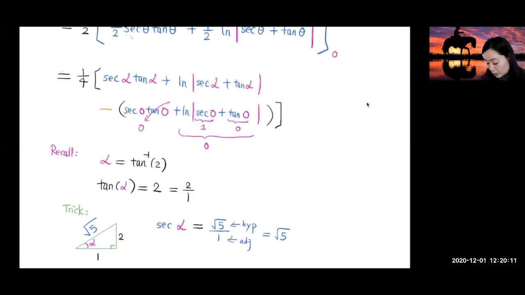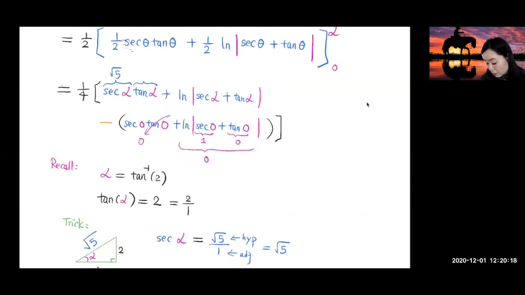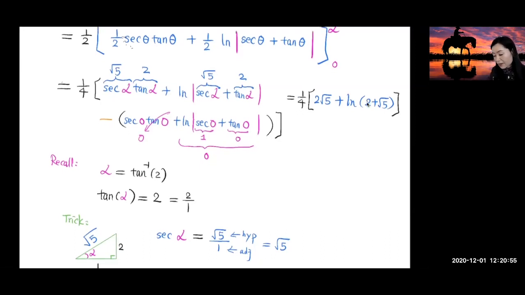Secant alpha is square root of 5 and tangent alpha is 2. So finally, that is equal to 1/4 times 2 square root of 5 plus ln of. The absolute value is not necessary here because we're taking ln of a positive, so I can just use parentheses. That's the final answer. You guys got it?